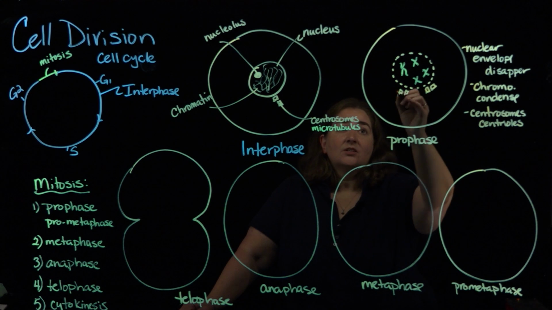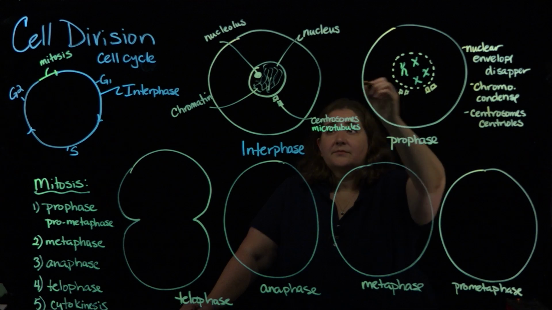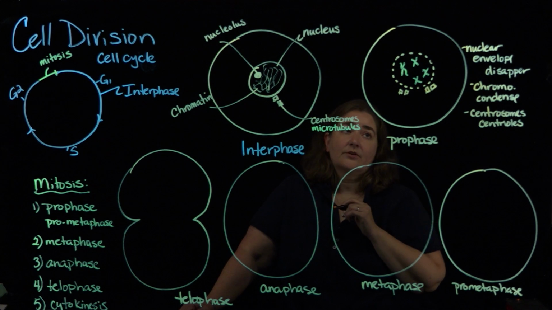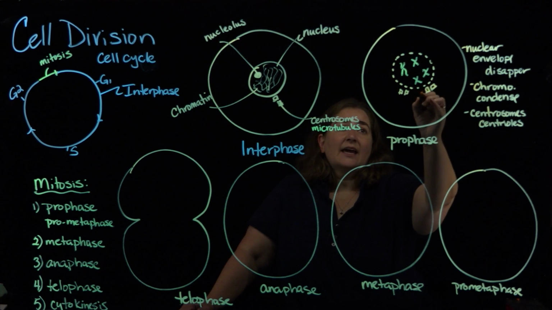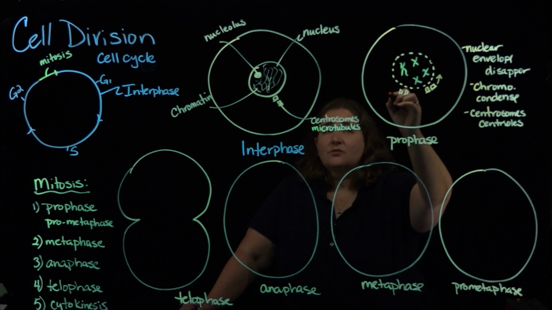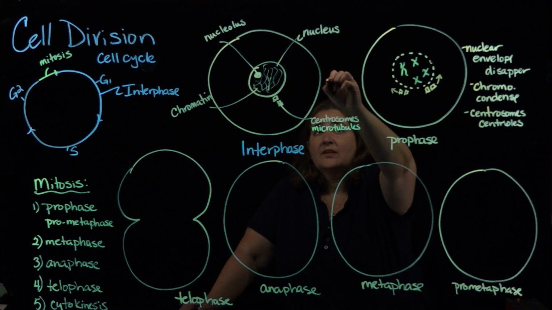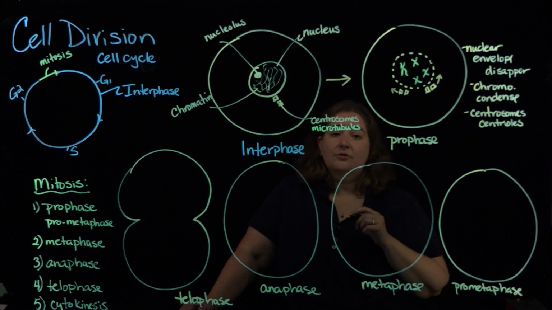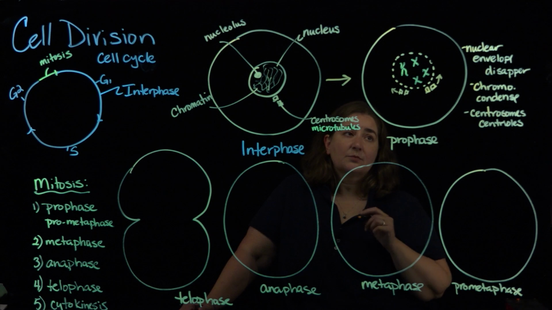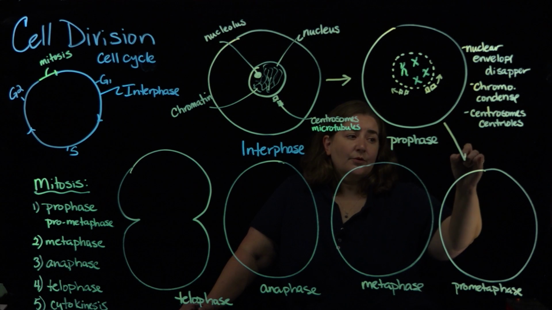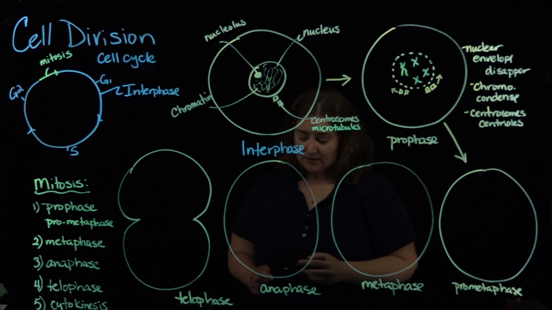So we've now got 2 copies of our centrosomes. Those centrosomes are going to move to opposite poles, opposite sides of the cell. Let me draw the arrow in so that we know our directions here. We're going to go from interphase to prophase, from prophase to prometaphase.